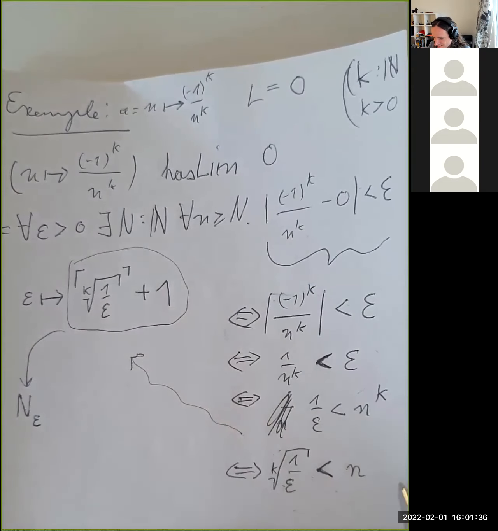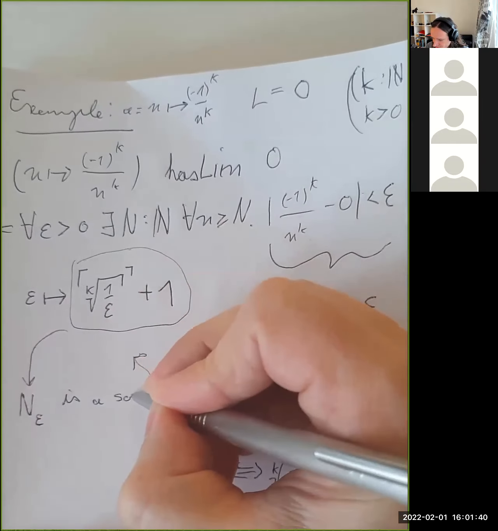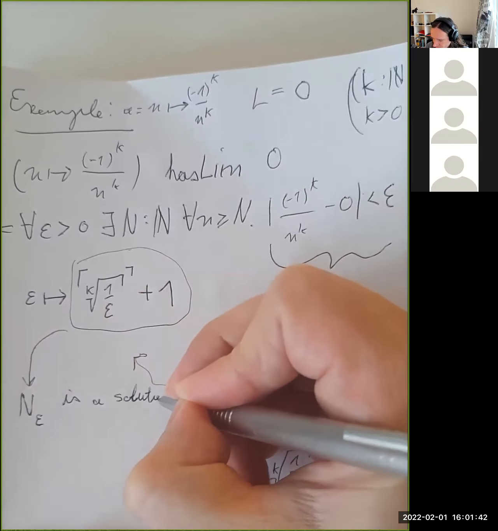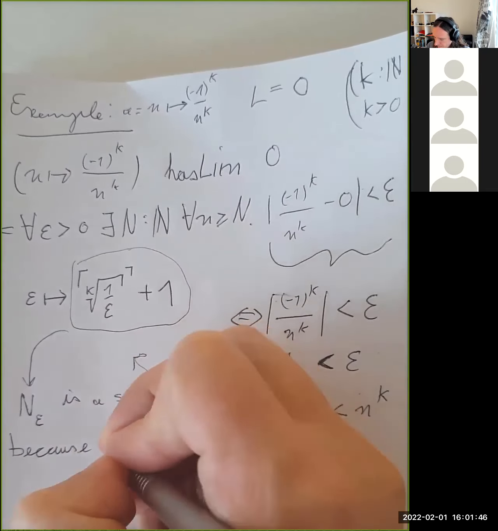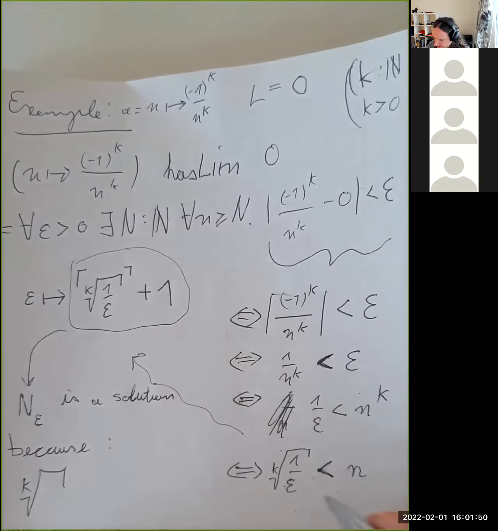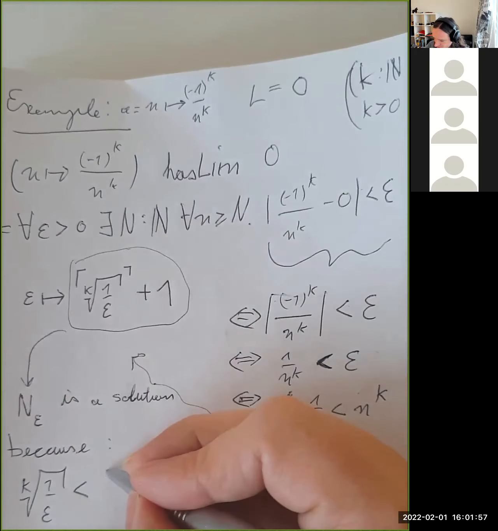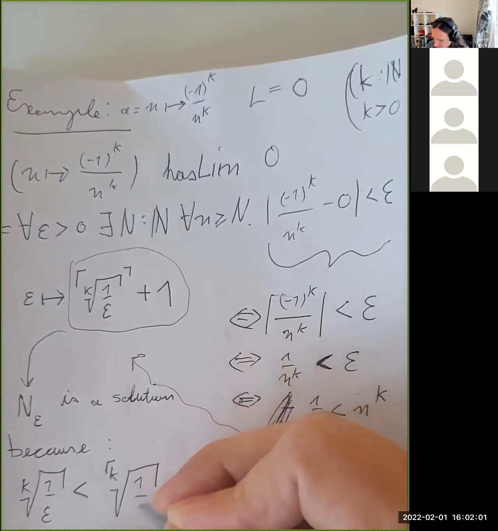Here, it's easy to see, is a solution because, well, what do we have to say? This is strictly smaller than this.